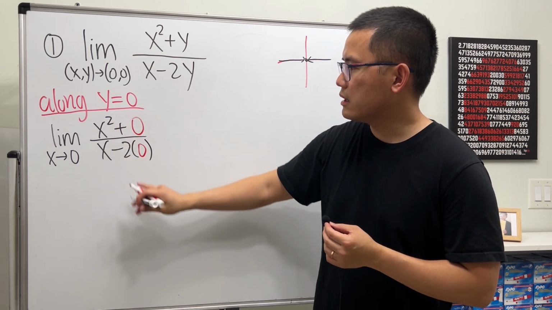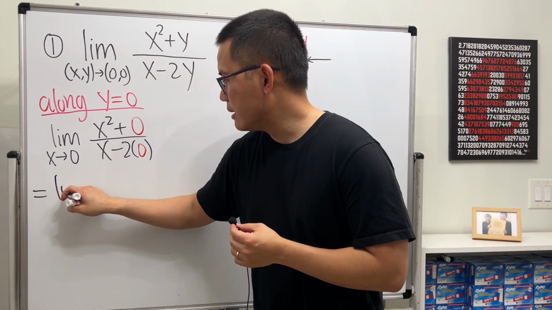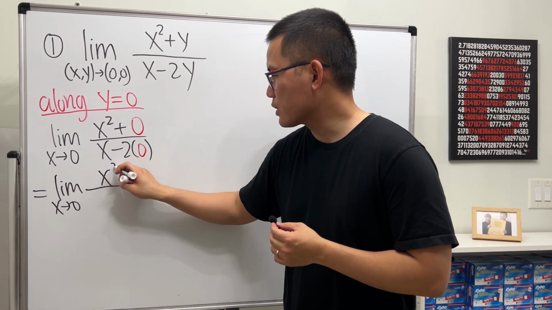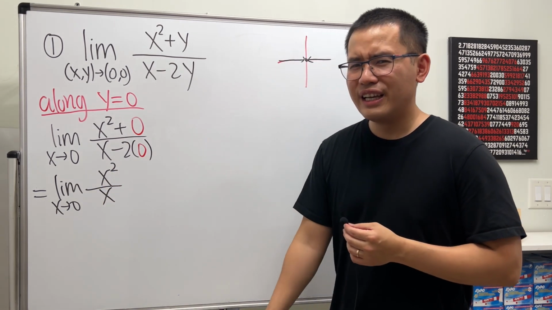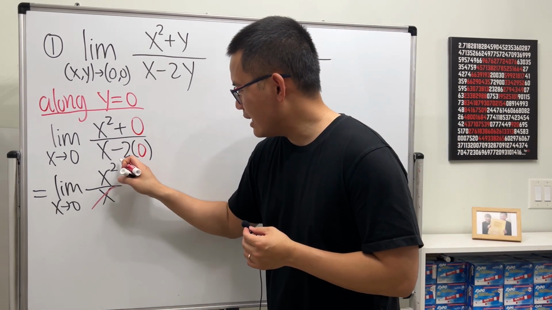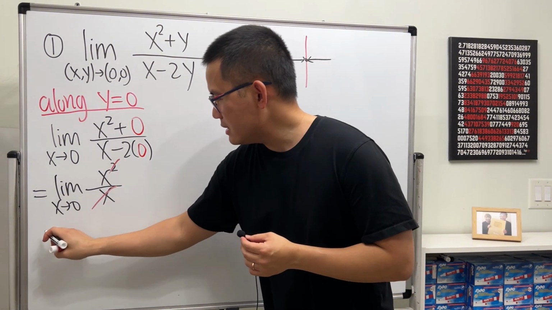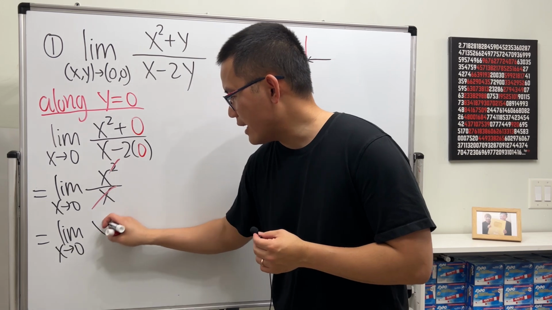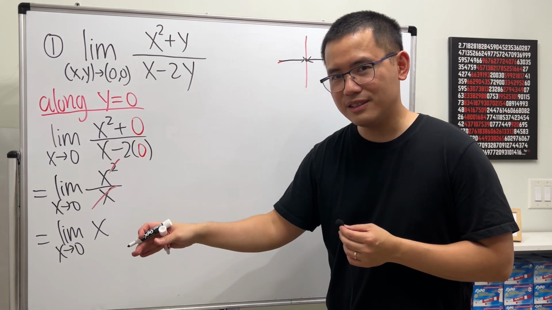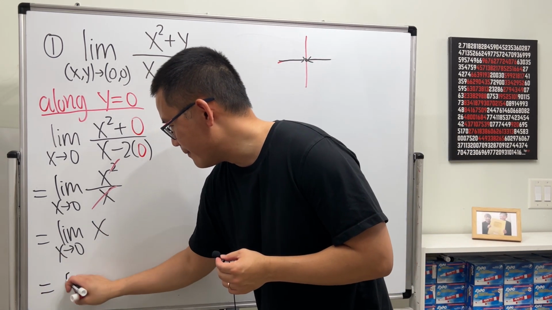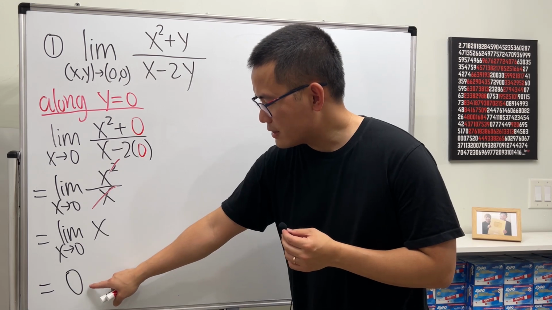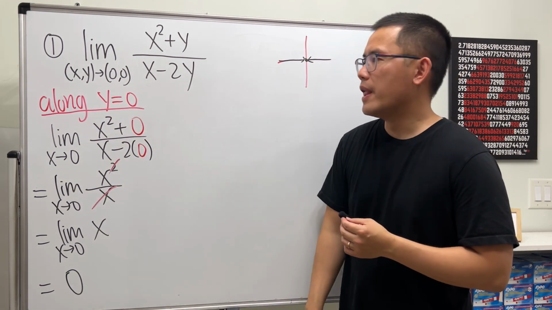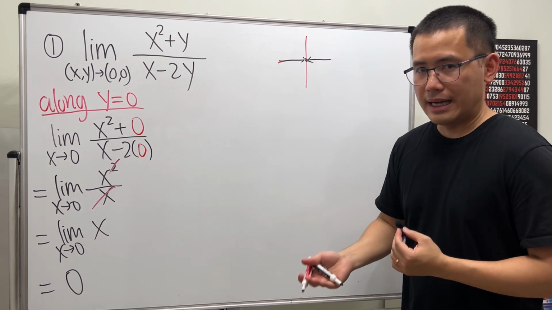The zeros don't matter, so we are just looking at the limit as x approaching 0 of x squared over x. And of course we can cancel, so it's just the limit as x approaching 0 of x. And the answer for this is just 0. And keep in mind though, this is just the limit for the path y is equal to 0. Now we have to get another one.